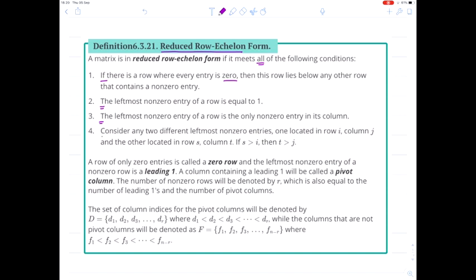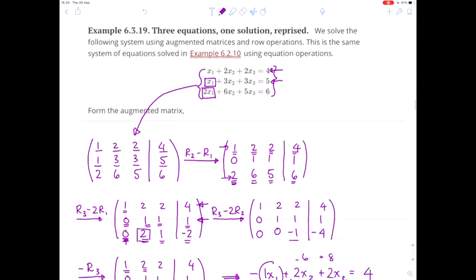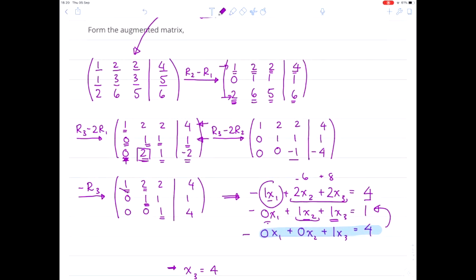And finally, if we consider any two different leftmost non-zero entries, one in row I, column J, and the other in row S, column T, if our row number S is bigger than I, then it must be that our column T is bigger than our previous column J. What that is really just saying is we want to have the ones going diagonally down like this. We don't want to have a 1, for example, over there, or over there, or over there.